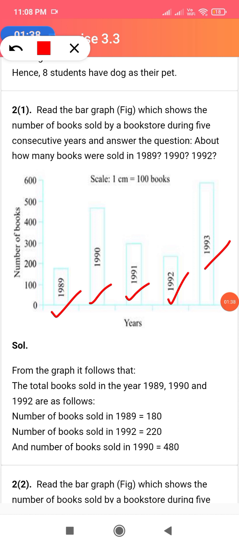About how many books were sold in 1989, 1990 and 1992? So in 1989, how many books were sold? In 1989, we see it is these ranges, 100.